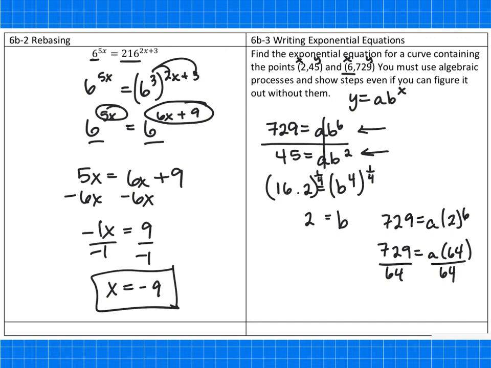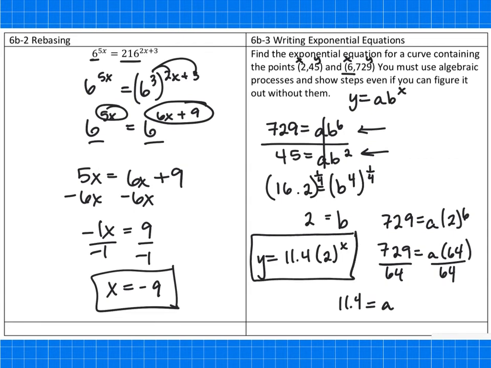If you use the 45 one, you're going to have a slightly different answer, and that's fine. So then you need to write your actual equation, which is y equals, a is 11.4, b is 2 to the x. Now, if you have various pieces of information here, if you know the b value because your numbers are closer together, or you know the a value because this is 0, you don't have to do all this, but this will work anytime.